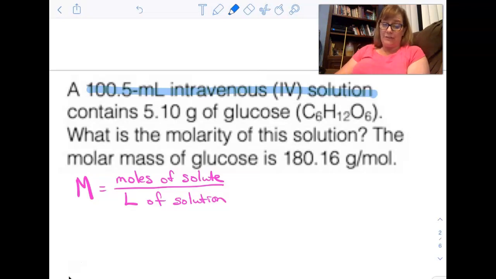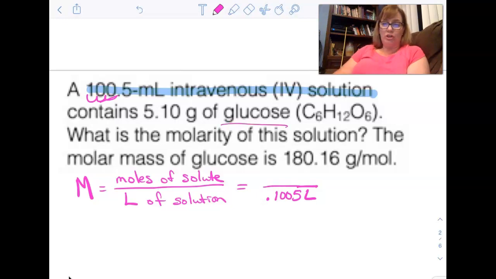However, we need liters. Remember, to convert milliliters to liters, we move our decimal point to the left 3 times. 1, 2, 3. So that means we have 0.1005 liters of solution.